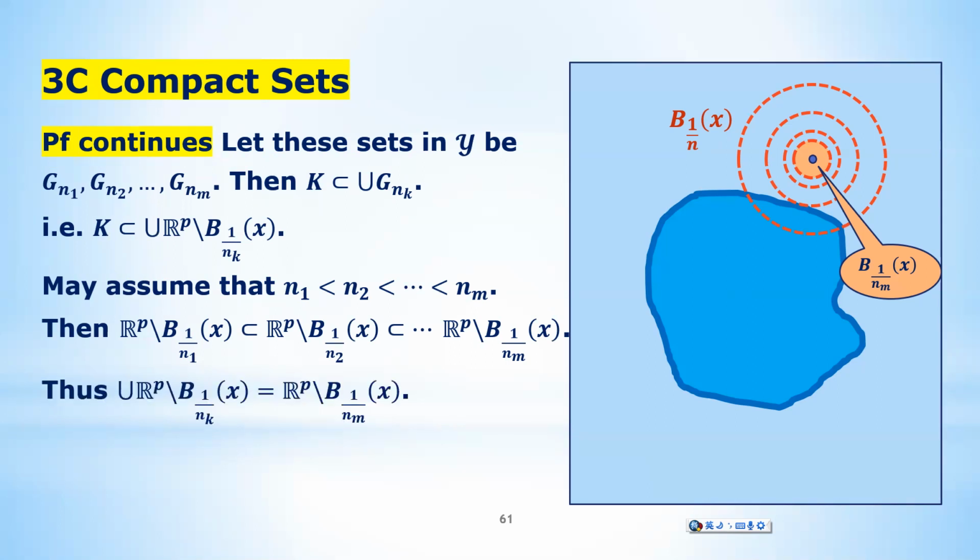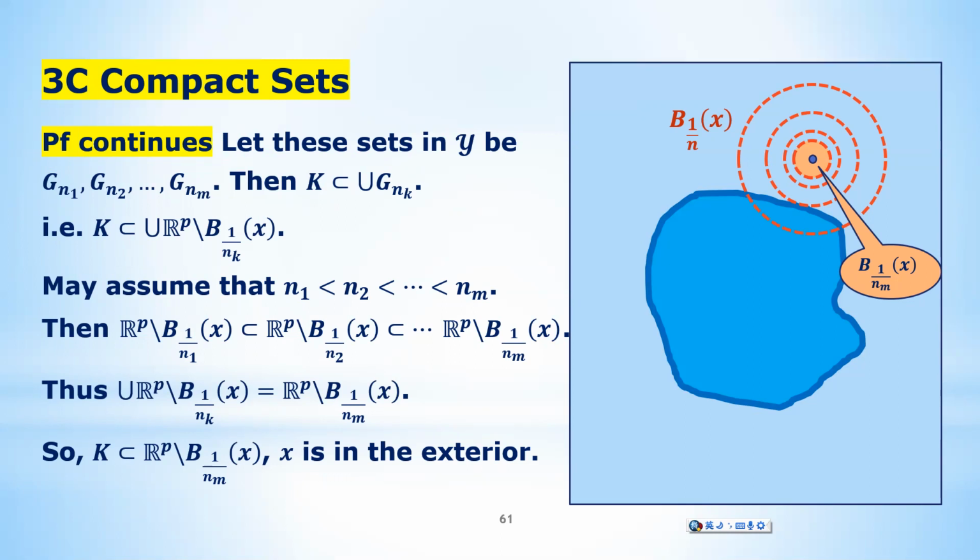So you can see the union. If you take the union of all these complements, that's just equal to the last one, because all the middle ones belong to the last one. So the union is not going to make a big difference. This means that K belongs to the complement of the ball with radius 1 over nm.